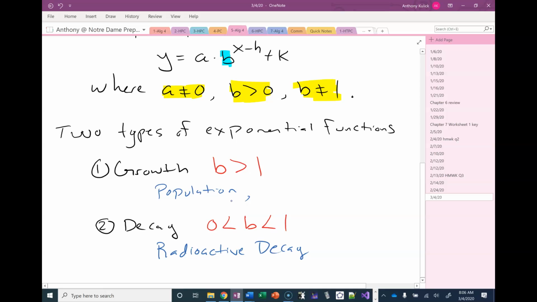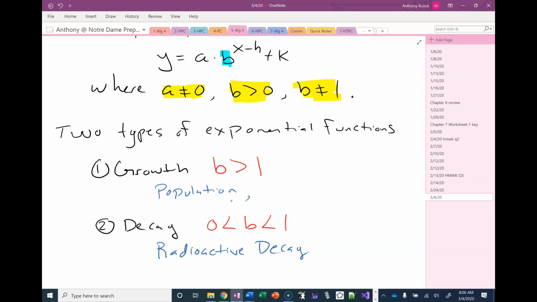How about any of us in an econ class right now, an economics course? Okay, several of us. There's another quantity related to money and finance that tends to grow exponentially. Does anybody have an idea there? Thinking about what we know about money or finances?